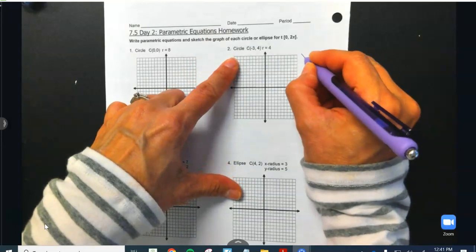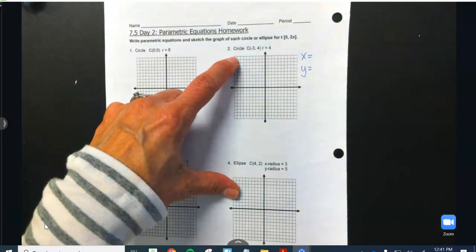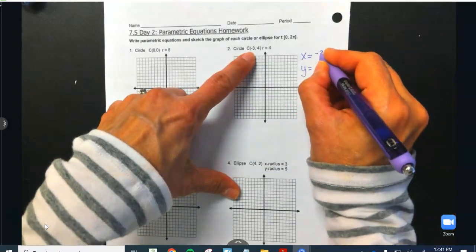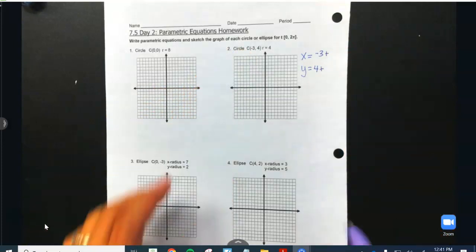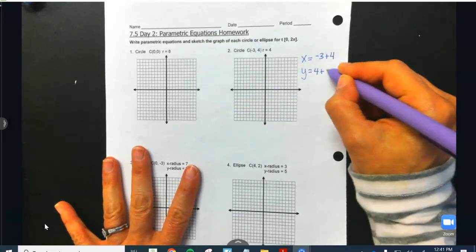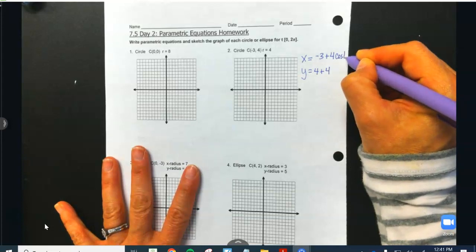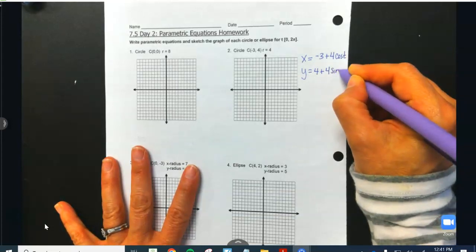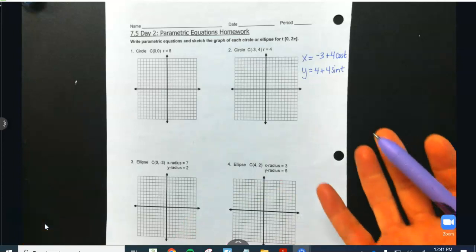All right, let me go ahead and do my little setup here for the parametric equation. H, K is negative 3, positive 4. I'm going to draw a plus sign. And then remember, it's a circle, so the A value of 4 is the same thing as the B value of 4. And then you just put sine and cosine next to it with the letter T. So guys, you're not solving an equation, you are just plugging it into the template.